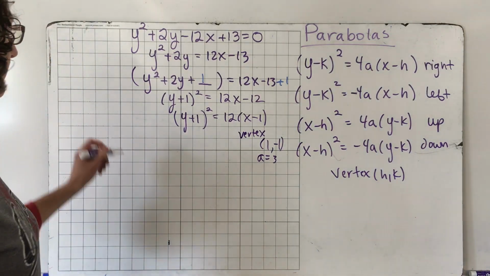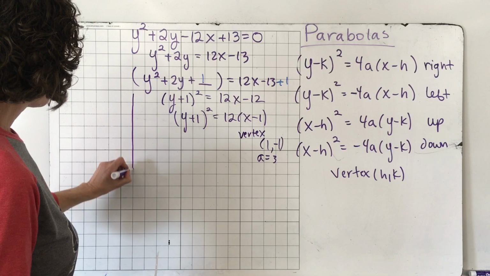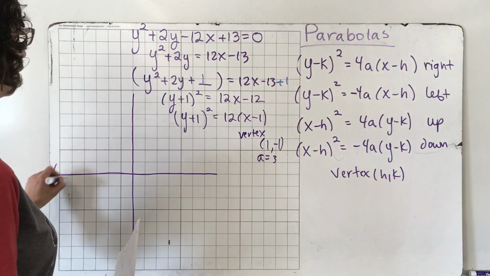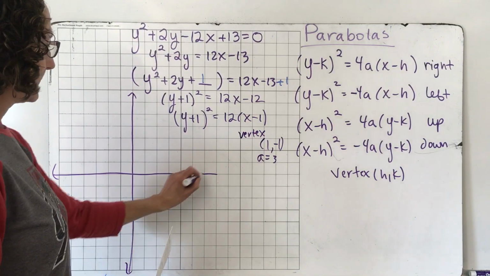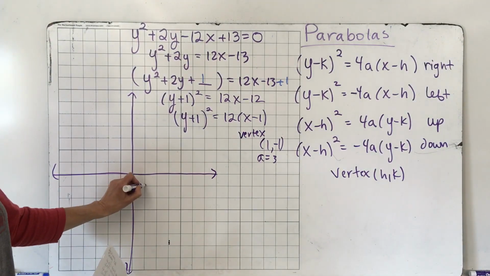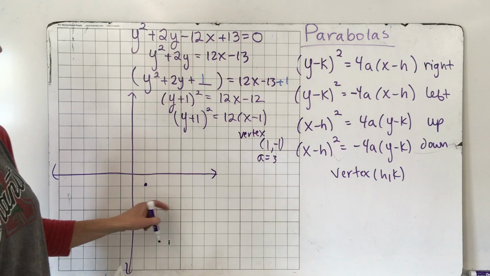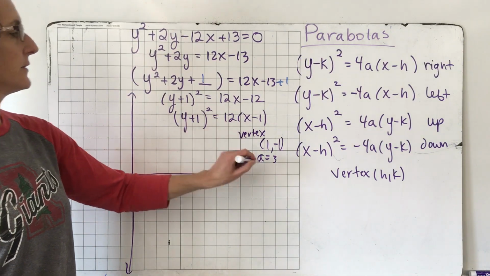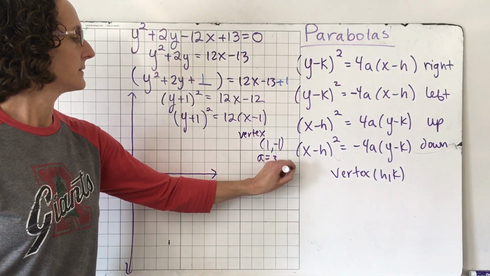Okay, so when you draw your axes, hopefully I'll have enough space here. Okay, so 1, negative 1 is right there. The a is 3, and remember, because this one is y squared and positive, I know this one opens to the right, okay?